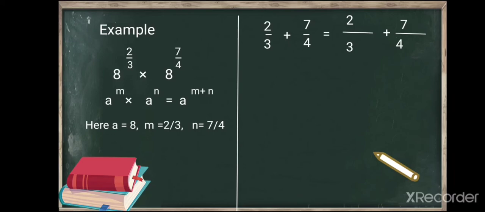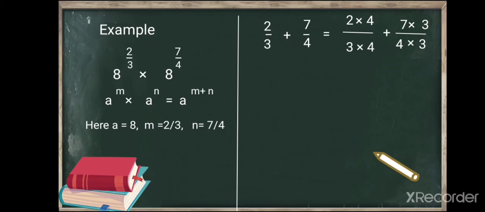So you can convert this 3 into 12 just by multiplying by 4. When you multiply the denominator, you have to multiply the numerator also. So we will get this term. Similarly, you can convert this 4 into 12 just by multiplying by 3.